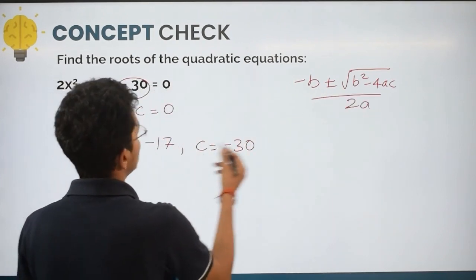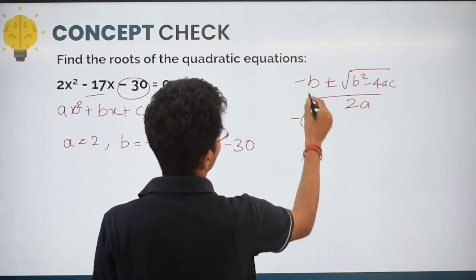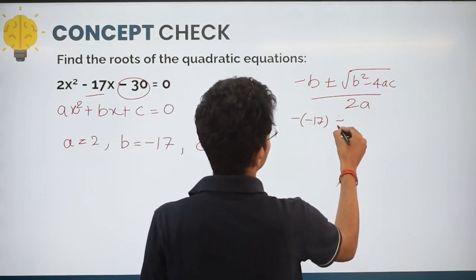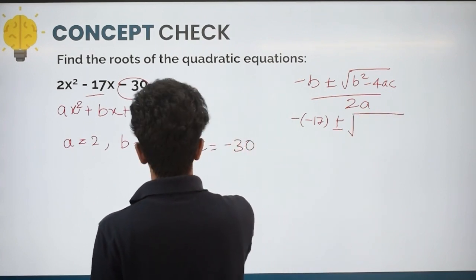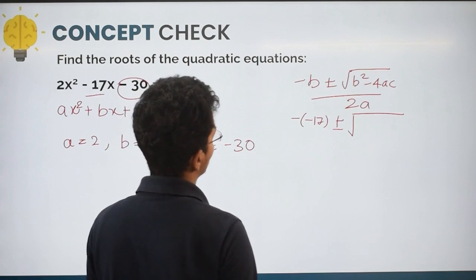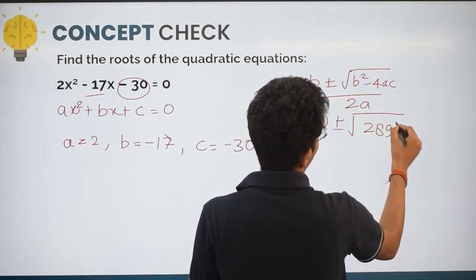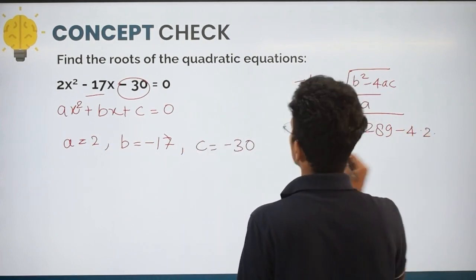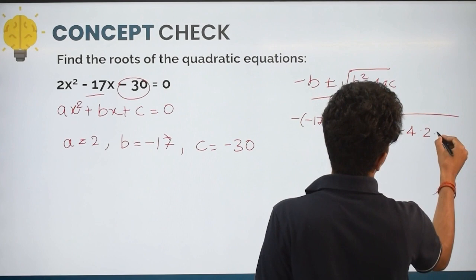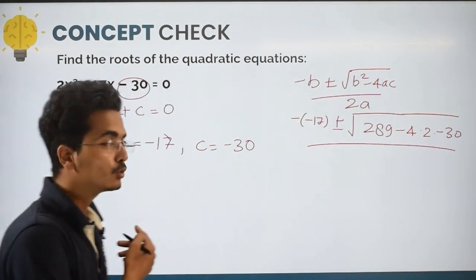So if you will put b as minus 17, so minus of b is minus 17, because already minus was there, plus minus under root b square, b is minus 17, and minus 17 square will be equal to 289, right? Minus of 4, a is what? 2, so I am writing 2, c is minus 30, so I am writing it minus 30 over here upon 2a. What is the value of a over here?